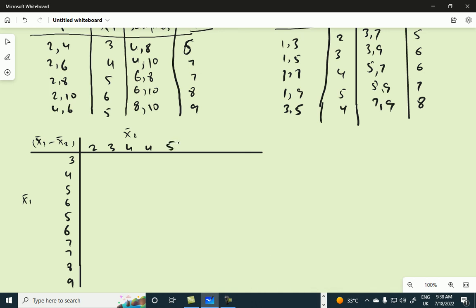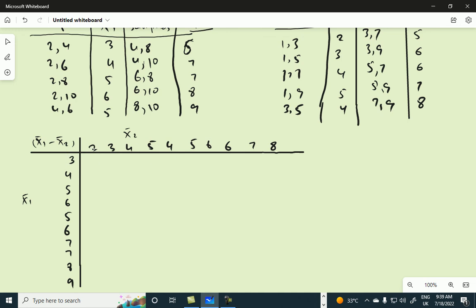You have to subtract all these sample means from the first x1 bar.